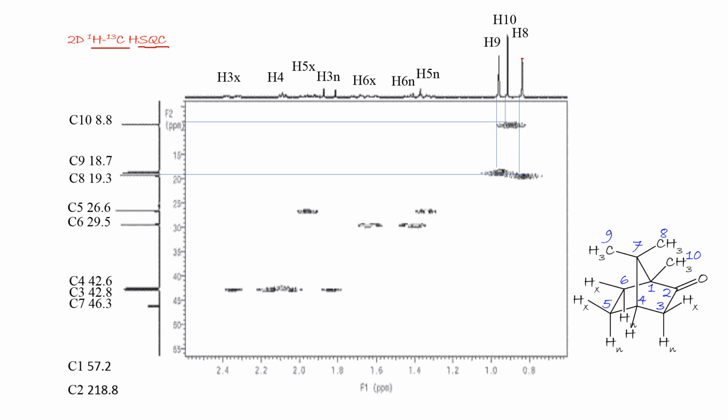Here proton 9 correlates with the carbon at 18.7. Well, here we have H5N on carbon 5, as well as the proton 5X on the same carbon.